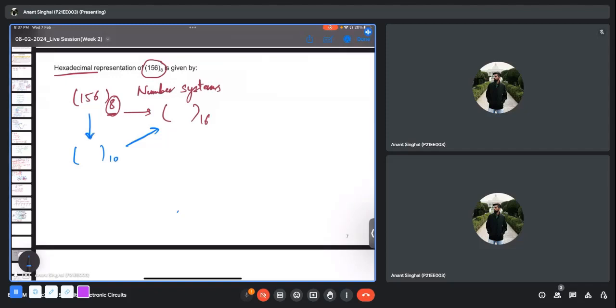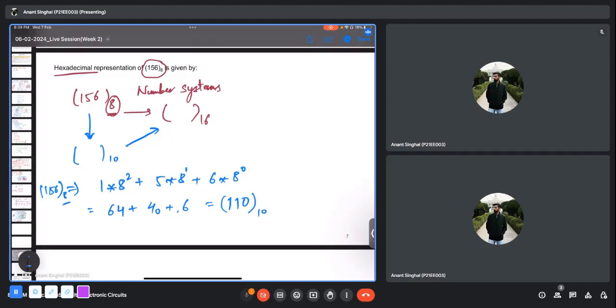So here we have 156 to the base 8. Let's convert it to a decimal equivalent. I can write this as 1 times 8 squared, 5 times 8 raised to power 1, and then 6 times 8 raised to power 0. So this is 64, this is 40, and finally I have a 6. So this will add to 110. So 156 to the base 8 is 110 to the base 10.